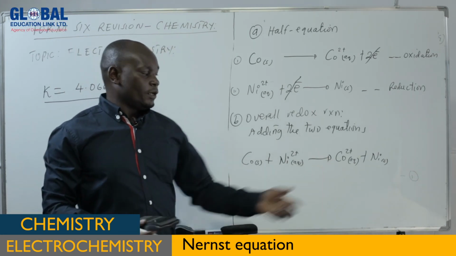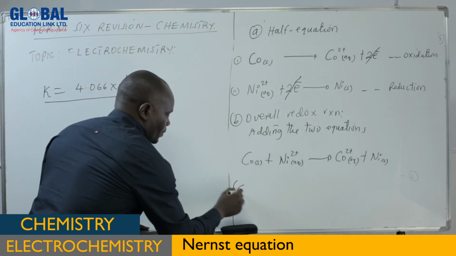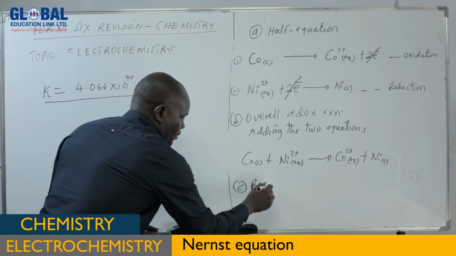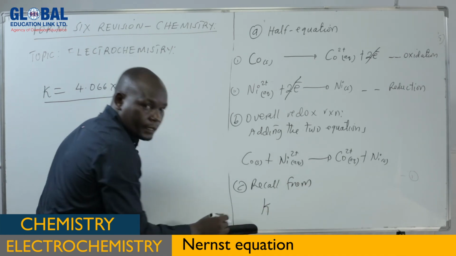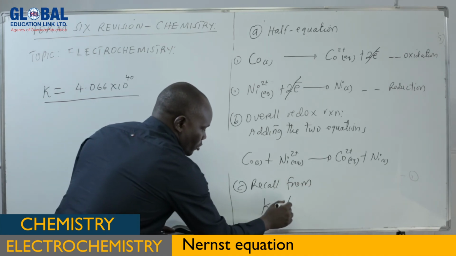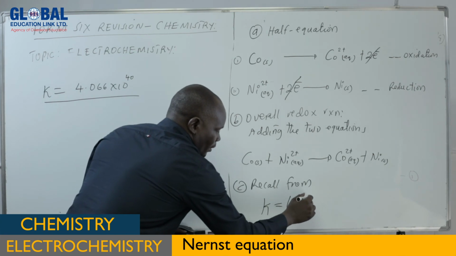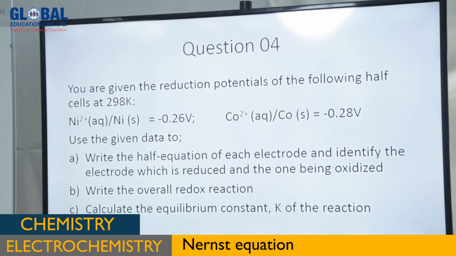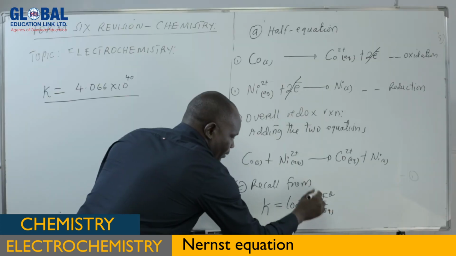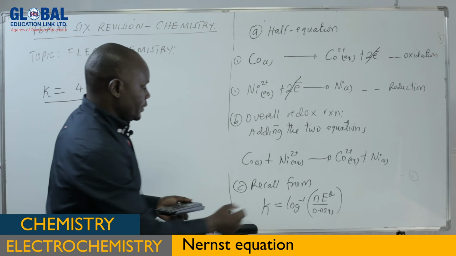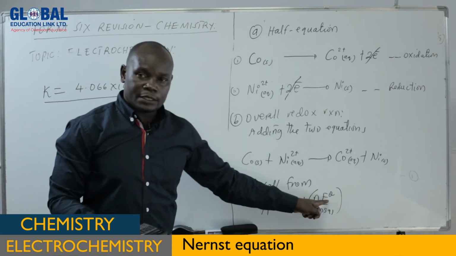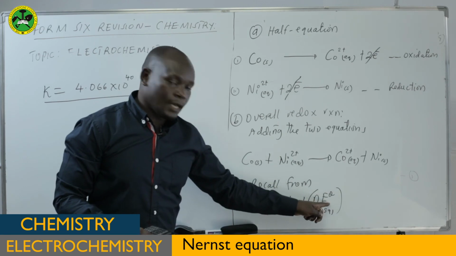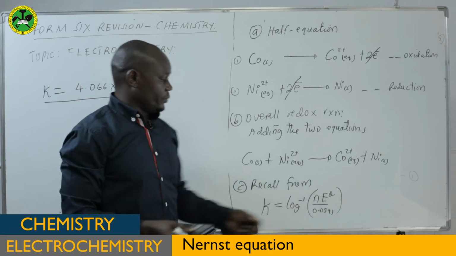This is simple. The equilibrium constant K is equal to the log inverse of n E standard over 0.0591, but n is equal to 2. And the E standard will be E cathode minus E anode.